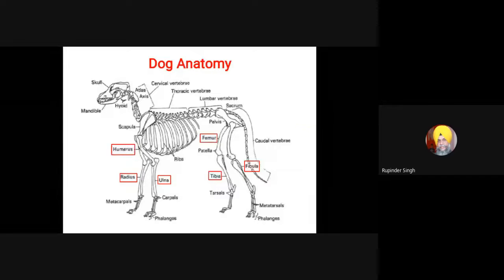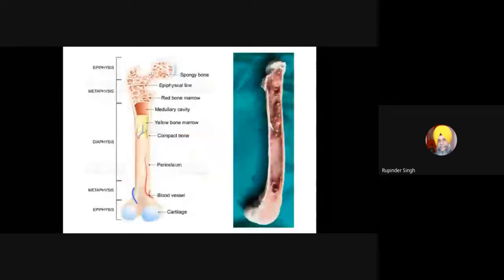This is the cut section of the long bone in a dog. This is typically a femur bone. On the right side, you can see the actual bone from a dead animal, which is cut to show the internal structure of the bone.